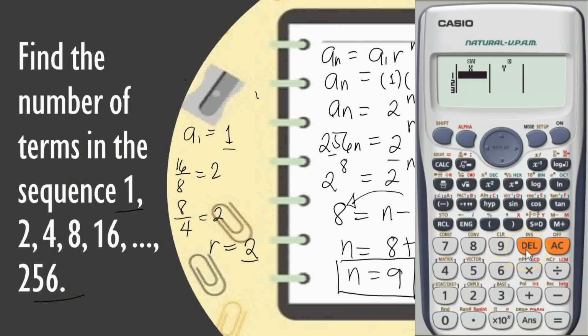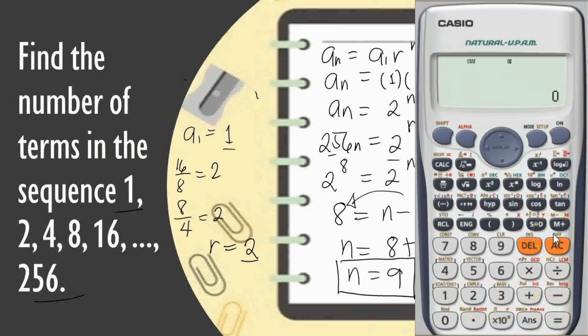So for our first example, find the number of terms in the sequence 1, 2, 4, 8, 16 up to 256. So ilagay natin yung first term, so 1, and then yung second term, so 1 and 2 lang din. And then AC.